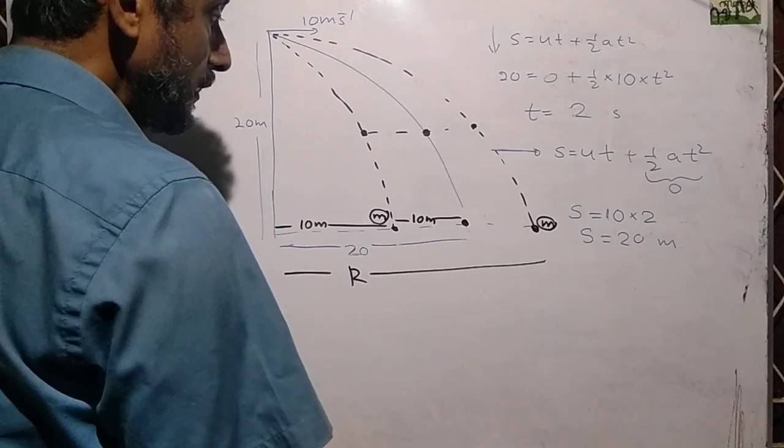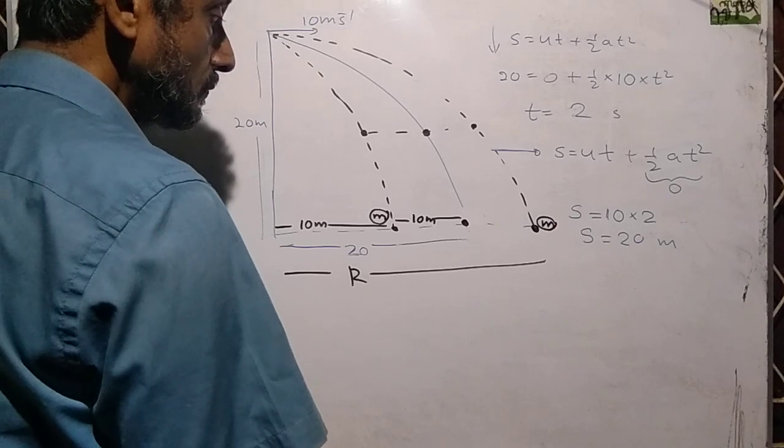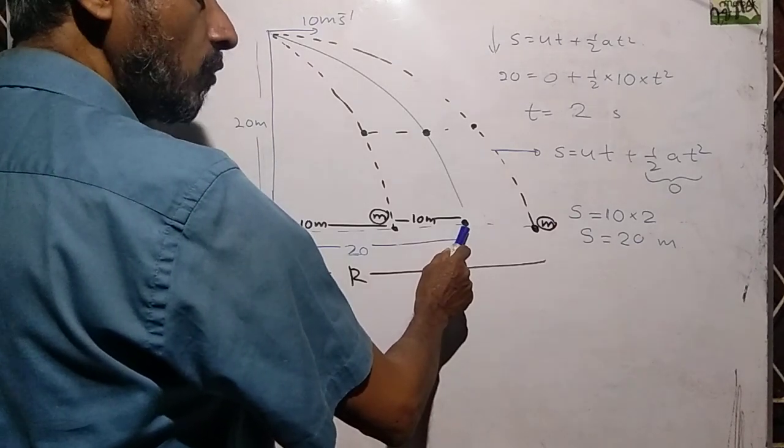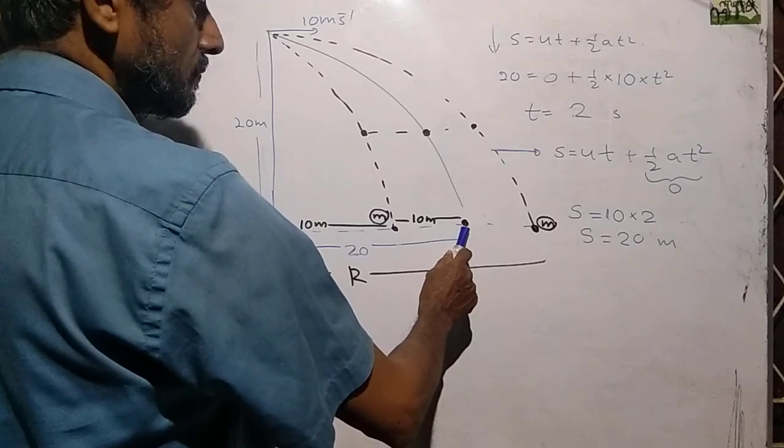The center of gravity should be the point where the ball would hit if the ball does not split.